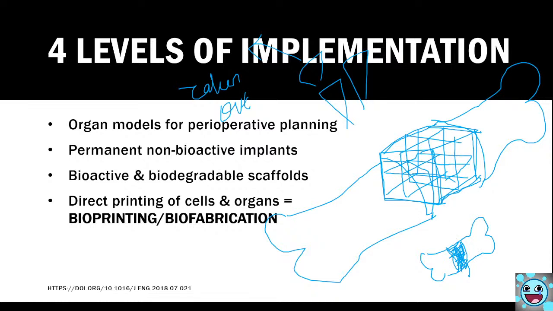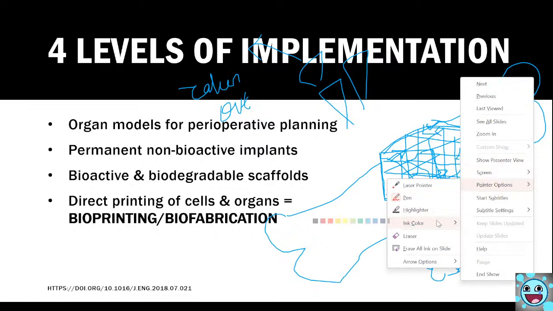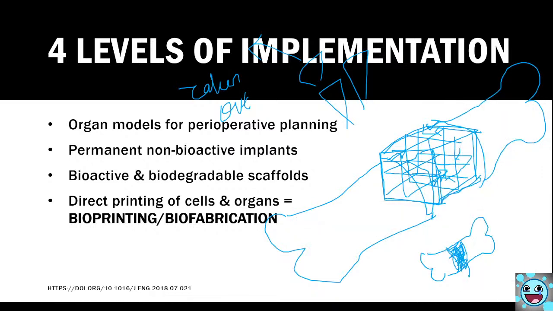But if we add some scaffold that has growth factors in it, we can trick the bone cells in both ends to migrate here and create a new bone along the path, so that it will connect in the end.